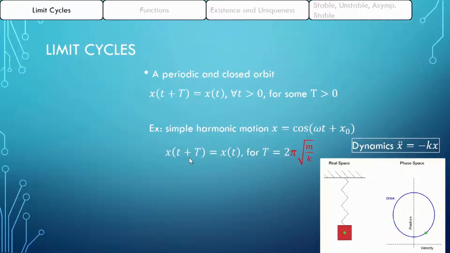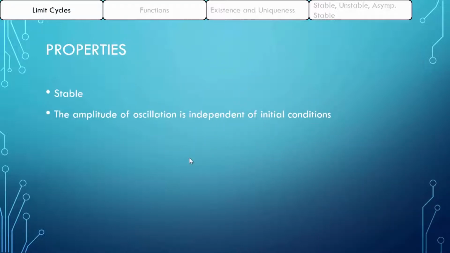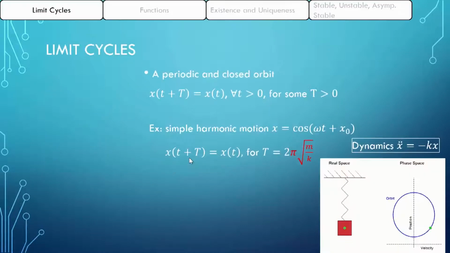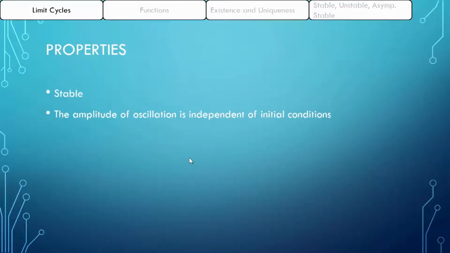It's independent of your initial conditions. And usually it's stable because it doesn't diverge, it doesn't converge, it just stays in some orbit. So we call it stable, but it's not asymptotically stable. We will define stable later.